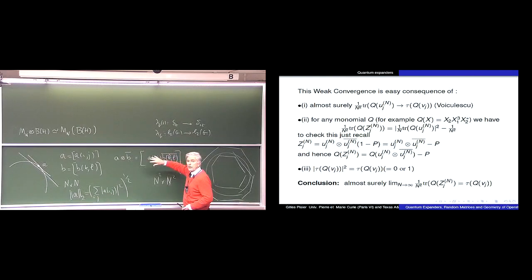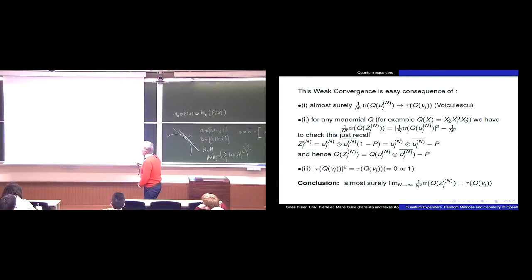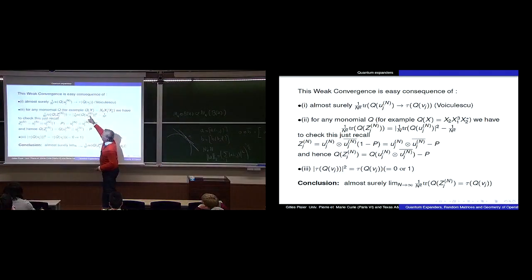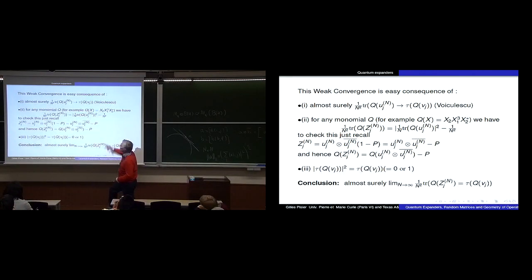So if it's A tensor A bar, you will get the modulus of the trace squared. So that's what I wrote here. You get this thing minus 1 over n squared, and then the rest is not important. This thing, you know what it converges to by the first point. It converges to tau of Q(V_j). But you have this modulus squared to worry about.